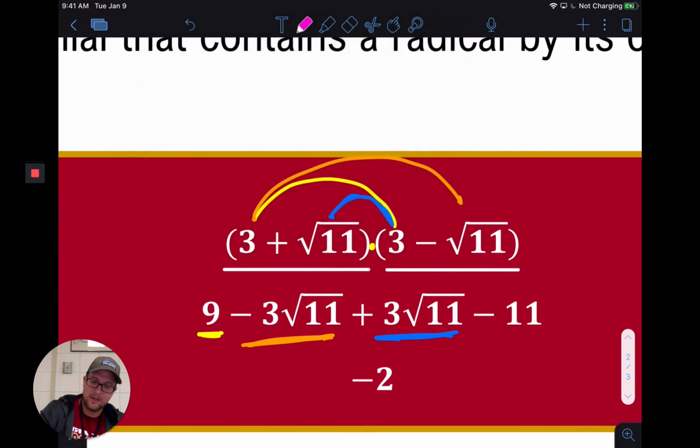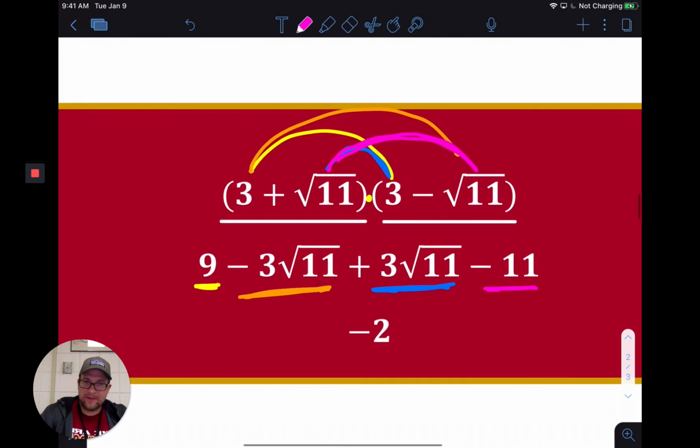And lastly, when I multiply the square root of 11 by a negative square root of 11, that will end up simplifying to be a minus 11. Now, once I'm at this point, it's important to notice that negative 3 square roots of 11, when added with a positive 3 square roots of 11, those two pieces completely cancel each other out.